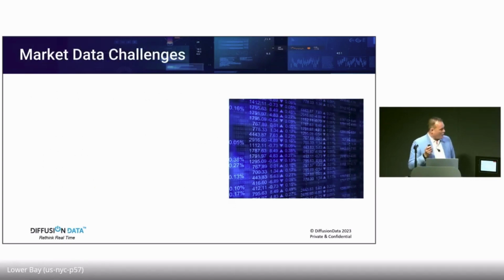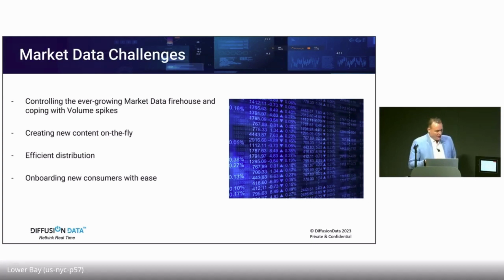So what does this mean from the market data perspective? Well, market data volumes are only going one way, and that's up. Given what we've described already around how we can structure the tree, we can send only the data that's required. Diffusion also provides the ability to change the texture of the data in terms of what's being published.